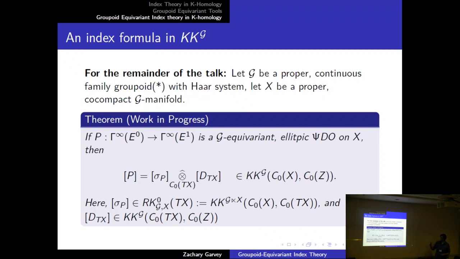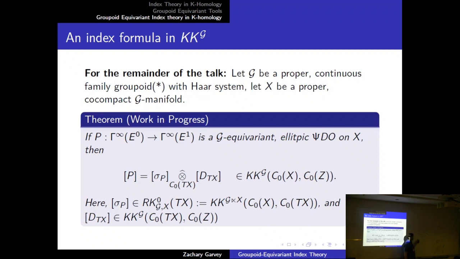The rotation type of argument that I wanted to rely on for this proof is that you can think of TTX as a bundle over TX in two different ways. If we think of TX as a bundle over X just via pi, there is a projection map here because it's a tangent bundle, so we'll call it pi TX. But you could also think of d pi from TTX to TX.